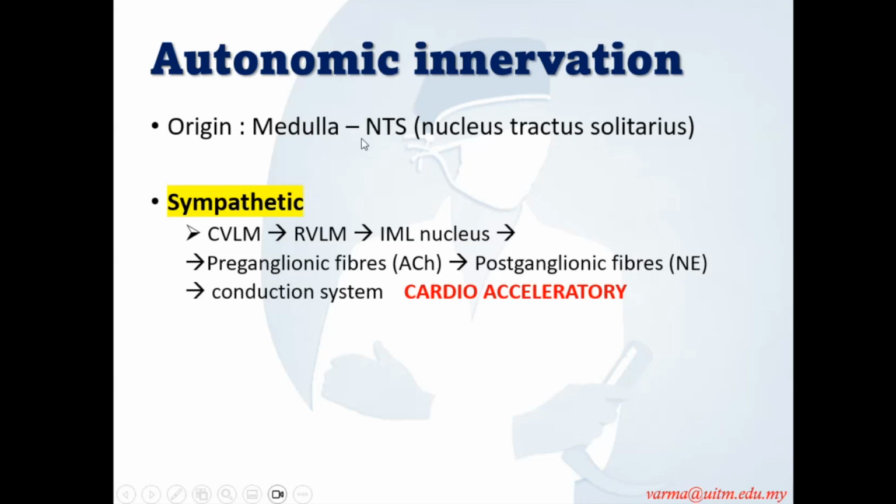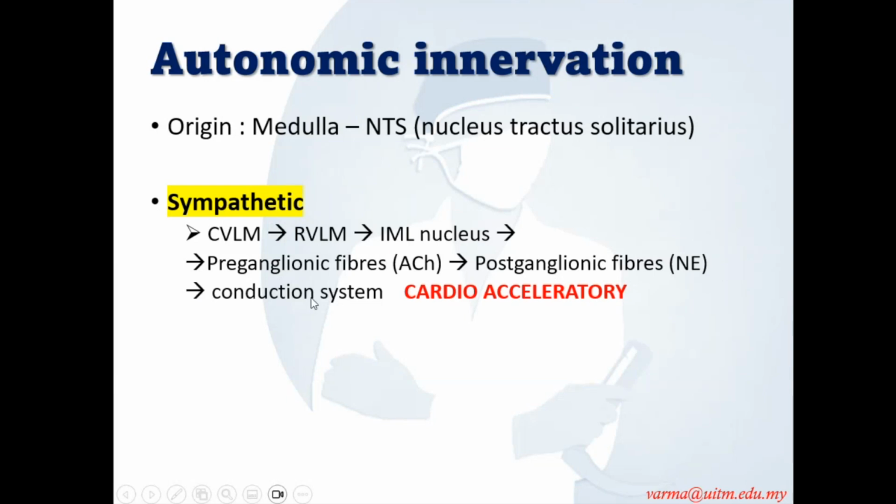You can just write from the medulla at nucleus tractus solitarius, straight away go to preganglionic fibers. I put this here for my knowledge. So it's from CVLM to RVLM to the intermediolateral nucleus. It goes via preganglionic fibers, whose neurotransmitter is acetylcholine. Then it goes to postganglionic fibers, where the neurotransmitter is norepinephrine, and that forms the conduction system in the heart.